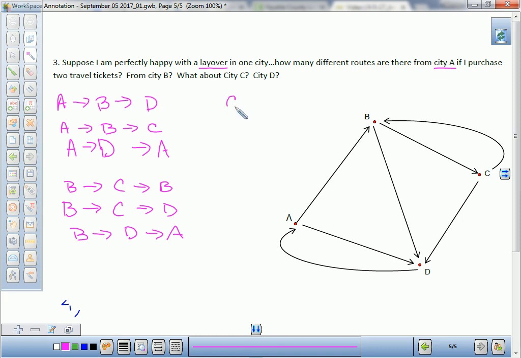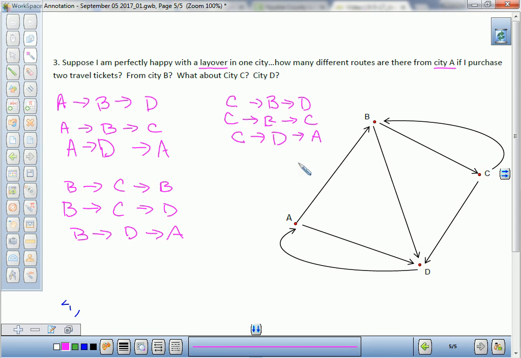All right, let's look at C. From C, we can go to B and then to D. From C, we can go to B and back to C. From C, we can go to D and then to A. Is that it?